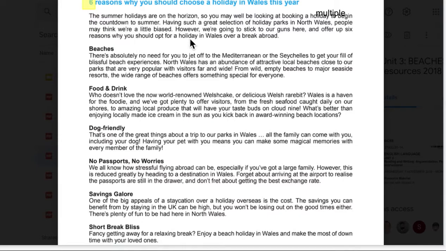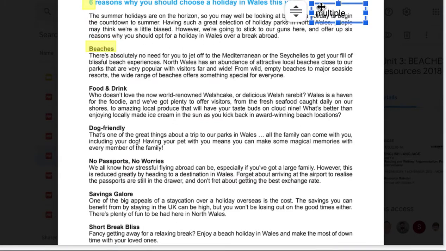Then as we read through, you can see that it's been laid out to make those reasons very, very clear. Okay, and each one of those is actually a positive aspect of Wales. So I'm going to make a note of that myself. So beaches.